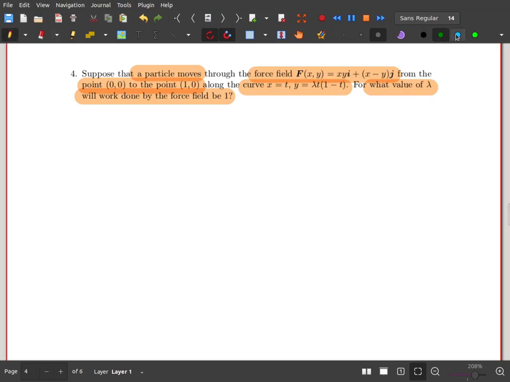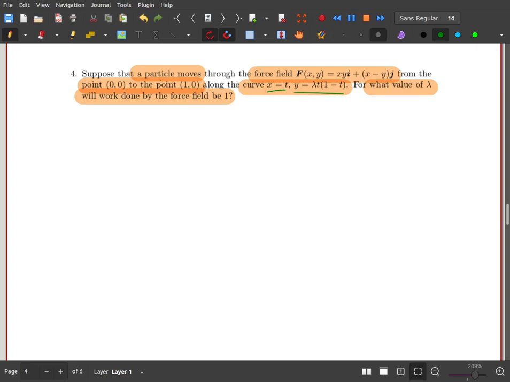So lots of things. Okay, how do we parse all this information? We have a particle moving in the force field xy i plus x minus y j from the origin to the point 1, 0. But we're already given the parametric curve: x equals t and y equals lambda t times 1 minus t.